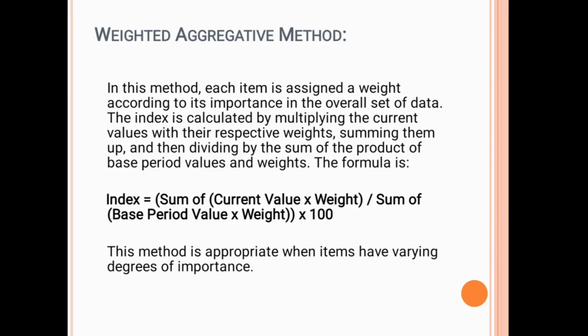This method is appropriate when items have varying degrees of importance, like weights given for rent of the house, fuel consumption, consumption of oil, salt, wheat, rice, and petrol. So these are the different variants and they have varying degrees of importance.